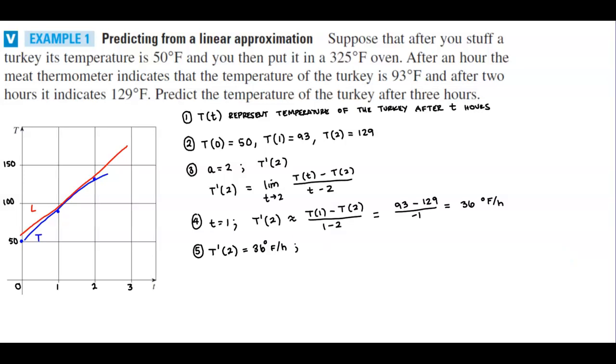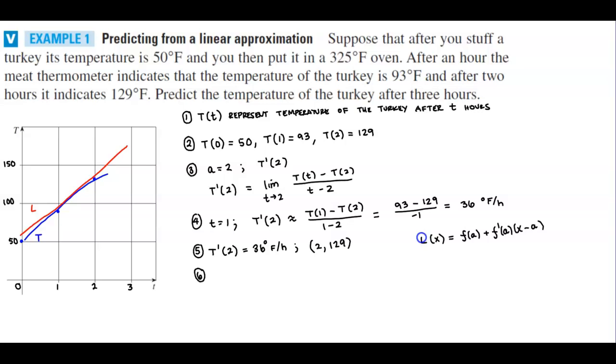And so we also have the ordered pair at time 2. The temperature of the turkey is 129 degrees. And recall from our formula that the linear approximation formula was equal to f of a plus f prime of a, which is a slope, times x minus a. So we're going to do the same thing here, only we're using temperature.